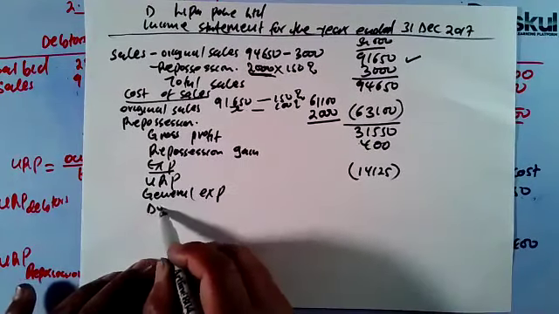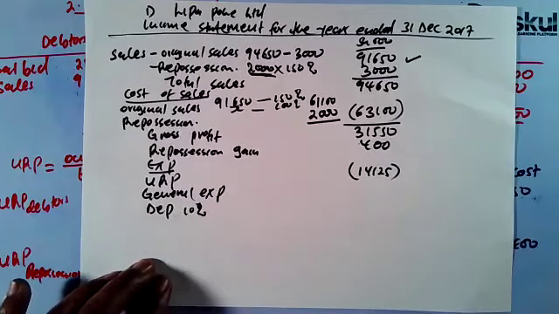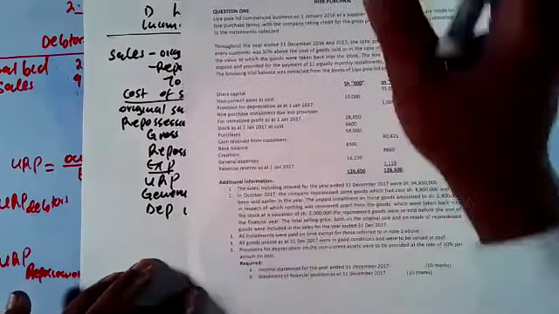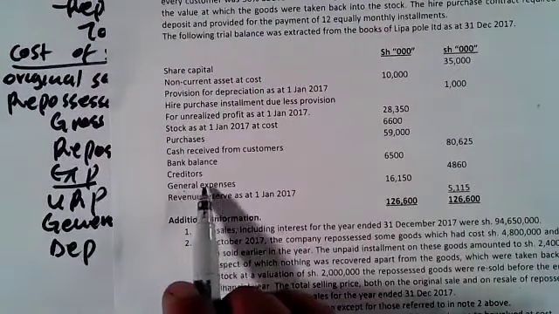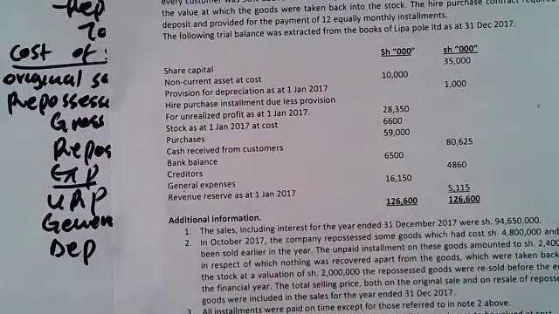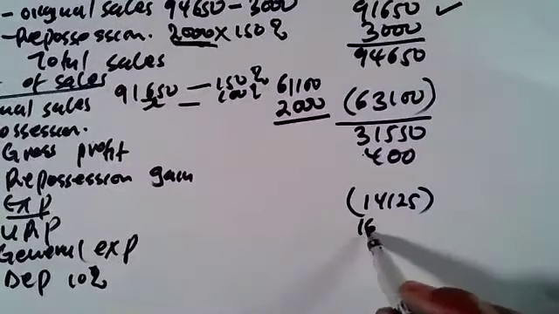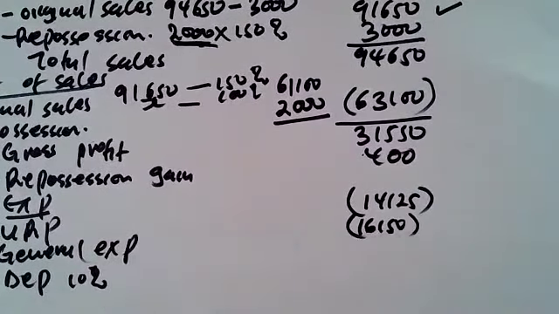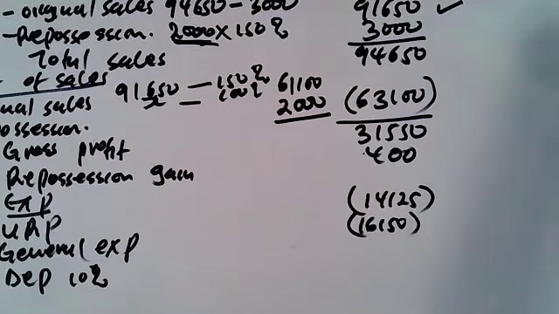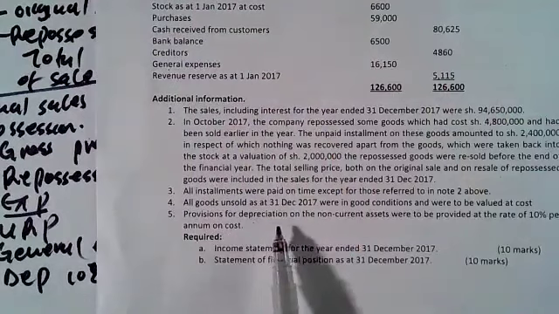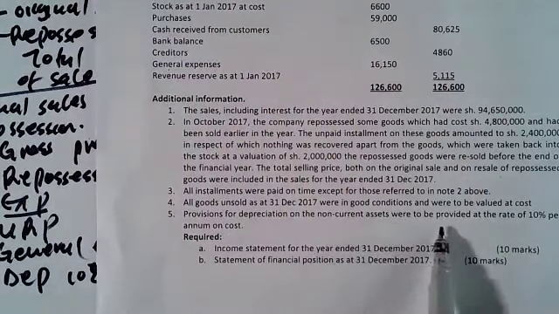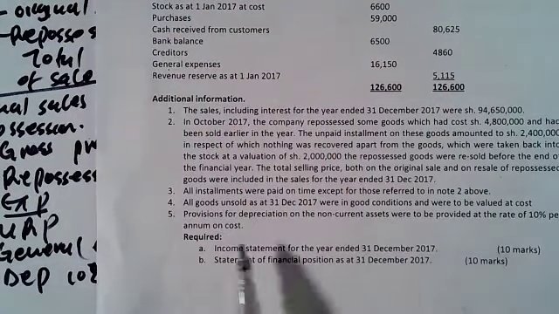Now also I have seen there is depreciation of 10%. Now for the general expenses, we have the general expenses here, 16,150. Then 10% depreciation. That's note number what? Note number 5. Provision for depreciation on non-current assets were to be provided at the rate of 10% per annum on cost.